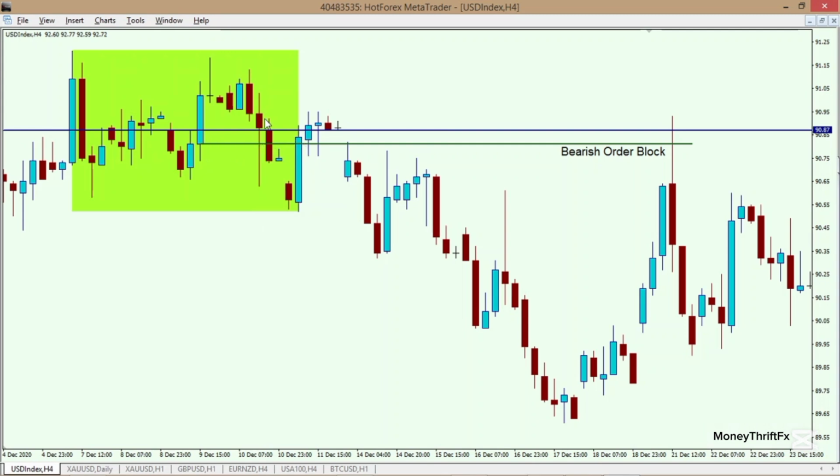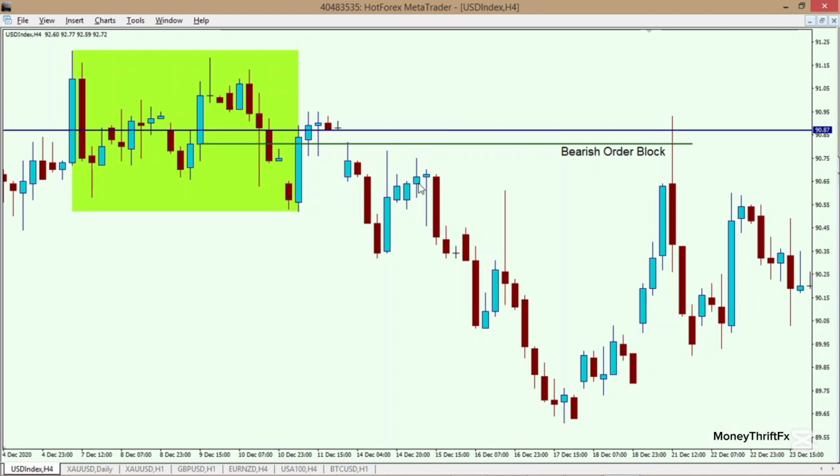Boom, that's right. All we do is wait for when price goes back down to that order block, and we just sell immediately in this area. So I'm not scared when it's pushing up like this.